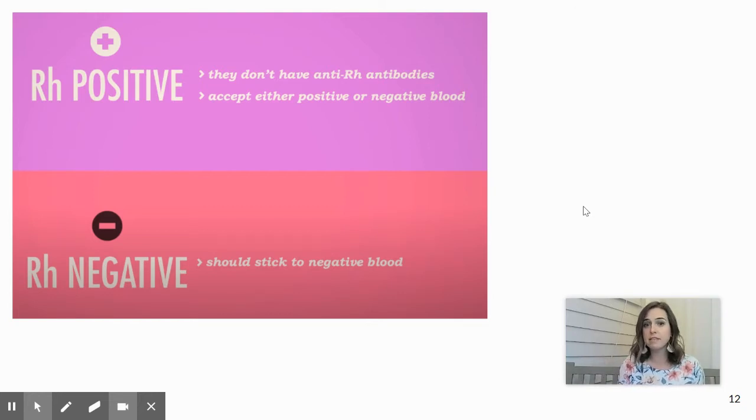But because they have the antigen, they don't have any antibodies. So much like AB blood, they won't attack whether they get positive blood or negative blood. They can accept either. But if an individual is Rh negative and they get positive blood, the same thing, agglutination would happen and their cells would stick to it.